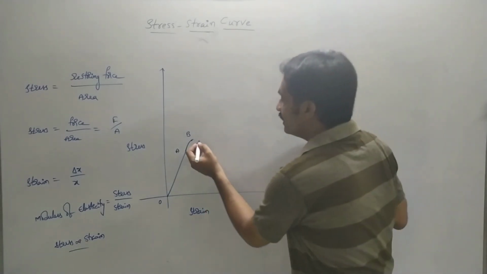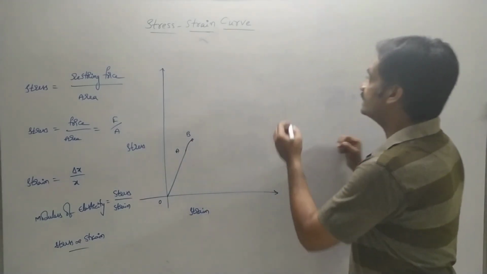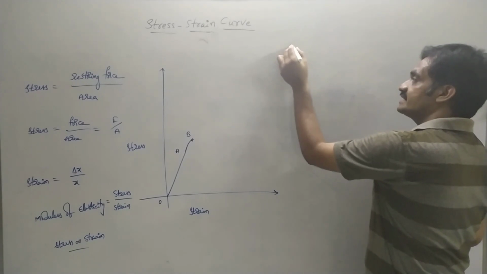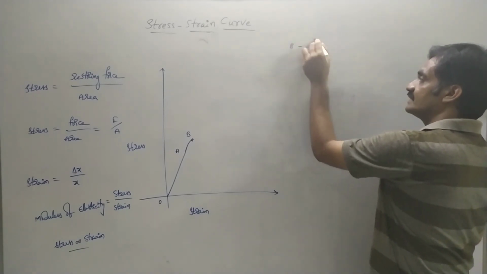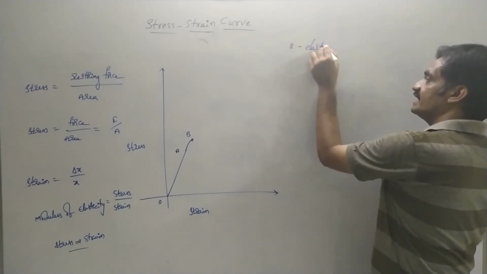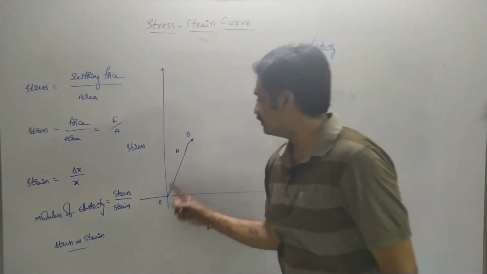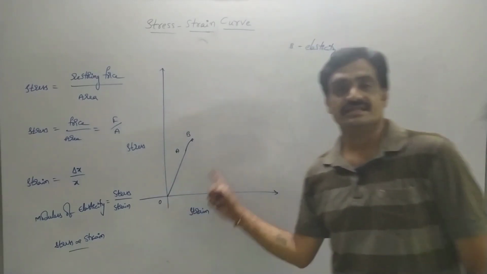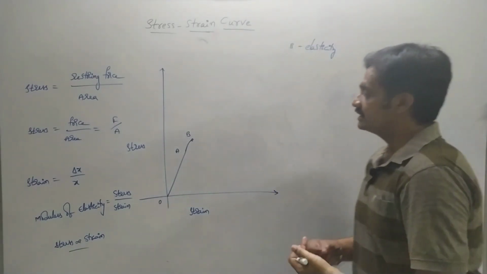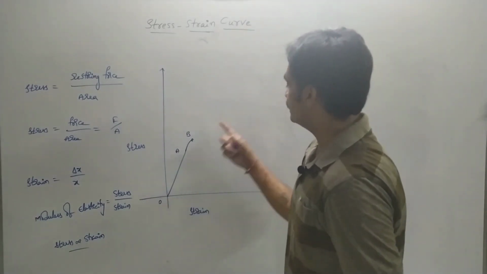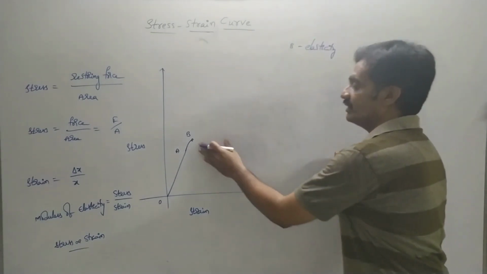So this point B is represented as the elastic limit. The line OB represents the elastic limit, where we represent the elasticity by considering the point B.